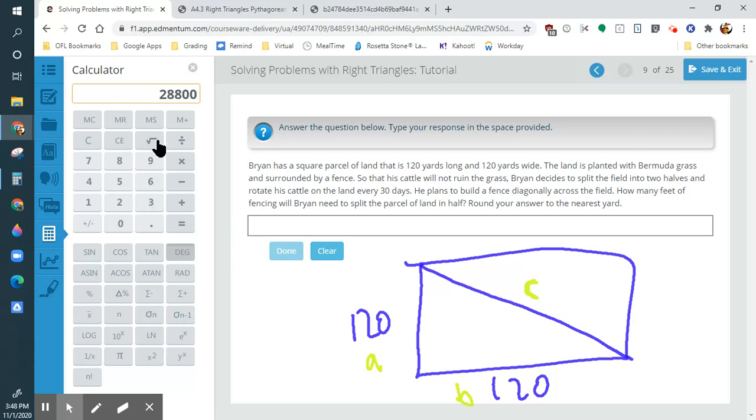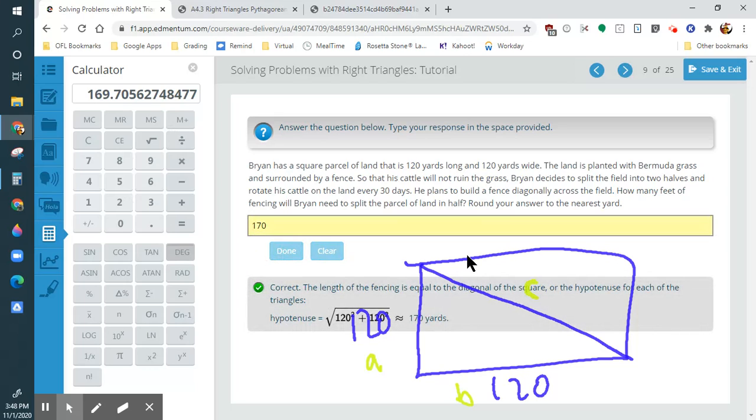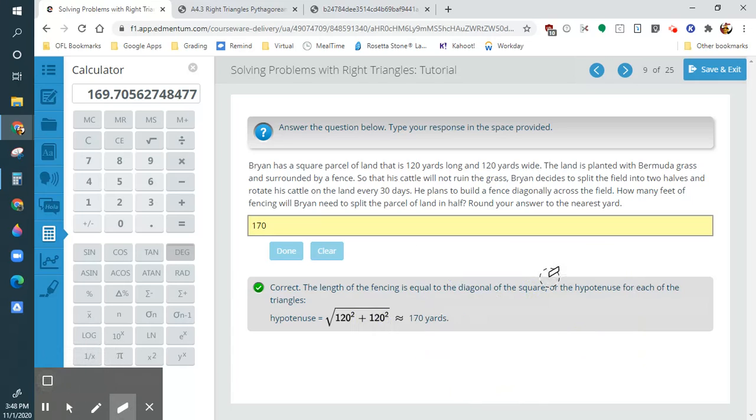It says it wants it rounded to the nearest yard. Oh boy. So these are yards. Okay, so we're going to round to the nearest yard, so that's 170. There we go. And it shows the work right there, which you guys can't see because I drew a big old picture.